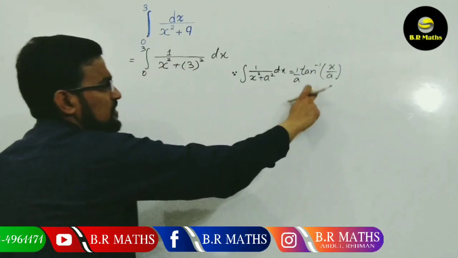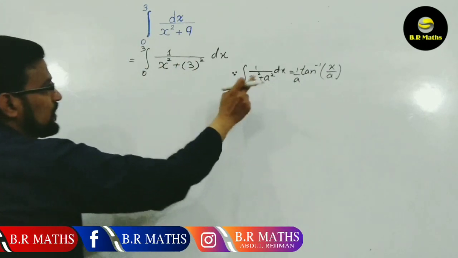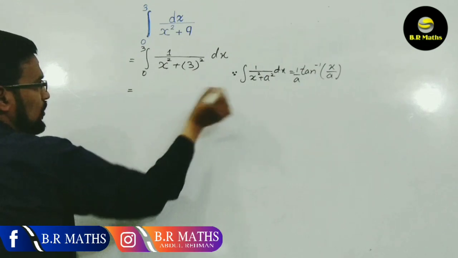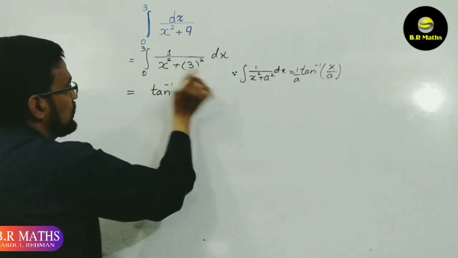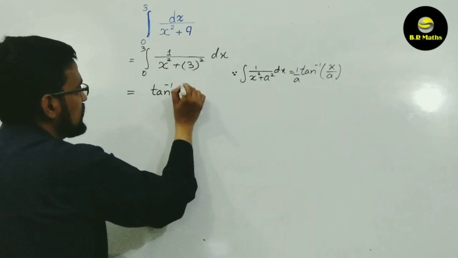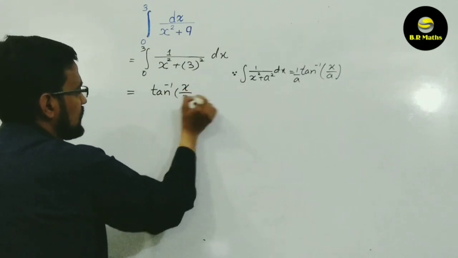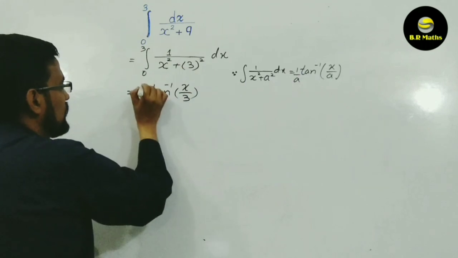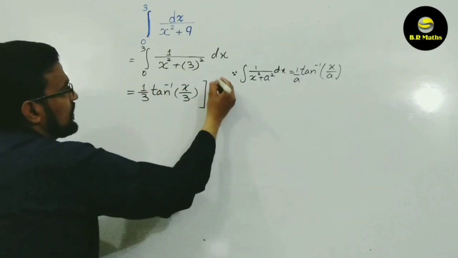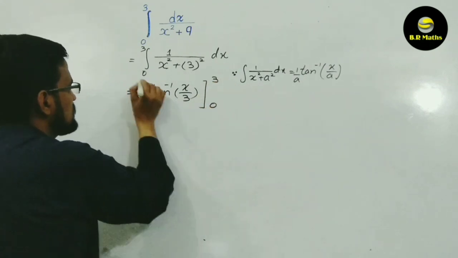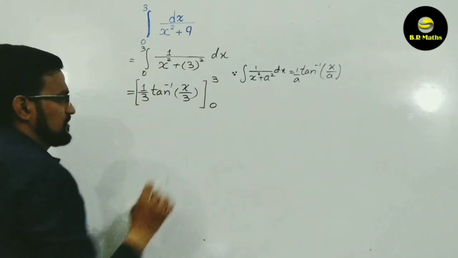So according to this formula, you can apply it: tan inverse of x over 3, and also 1 over 3, and the upper limit is 3 and the lower limit is 0.